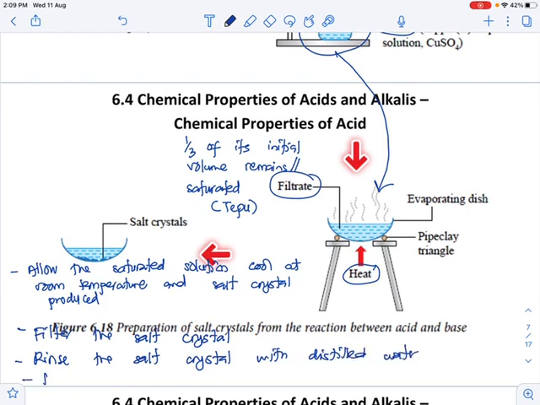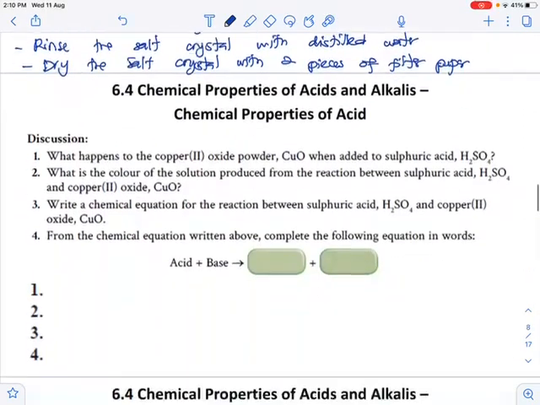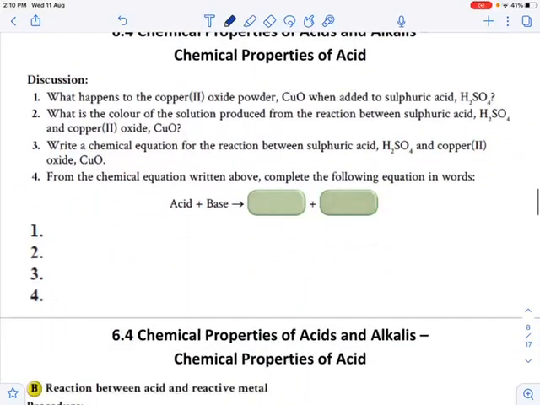And lastly, dry the salt crystals with two pieces of filter paper. Okay, so look at the discussion for this experiment.